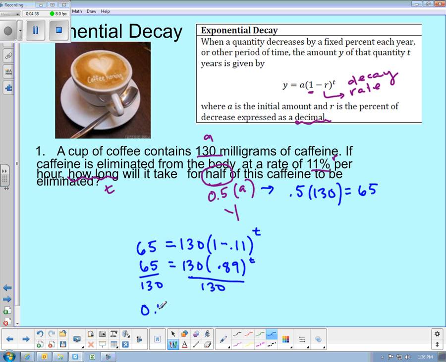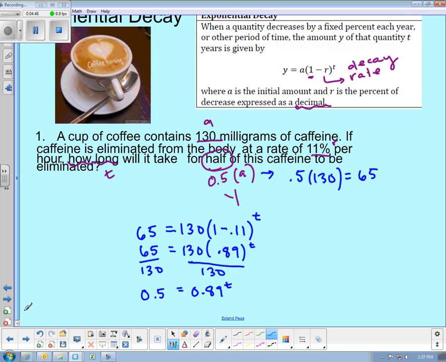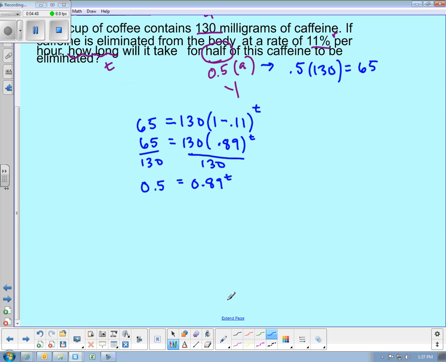We have 0.5 equals 0.89 to the t power. Now I want that t to come out front. Since I want that t to come out front, I need to use logarithms. So I'm going to take common logs, use the log of each side. Log of 0.5 is equal to the log of 0.89 to the t power.